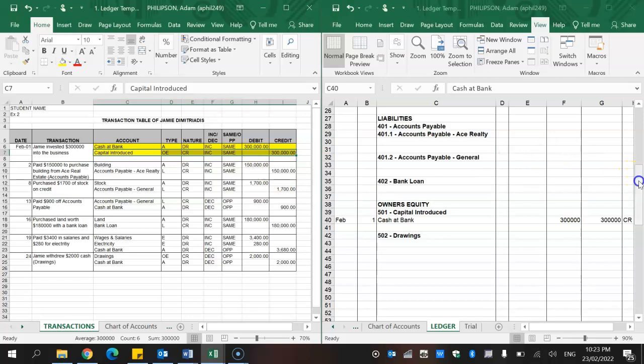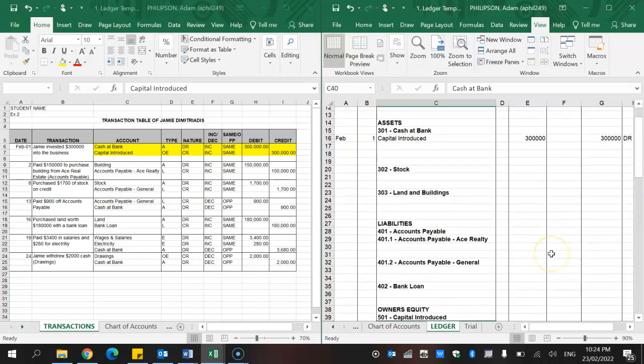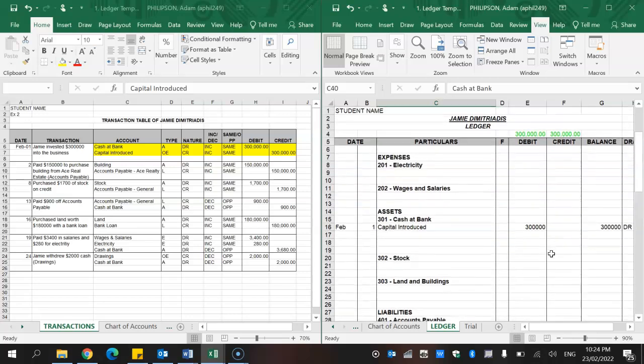But before we do that, in our ledger, like anything with our accounting equation or most things in accounting, we want to make sure that our debits and credits are in balance. It might seem simple, but somewhere along the way, you might have only put 30,000 into one column and 300,000 into the other column, and things might not balance. You might make simple typos, or you might put two things into the debit column or two things into the credit column, and our debits and credits don't balance.